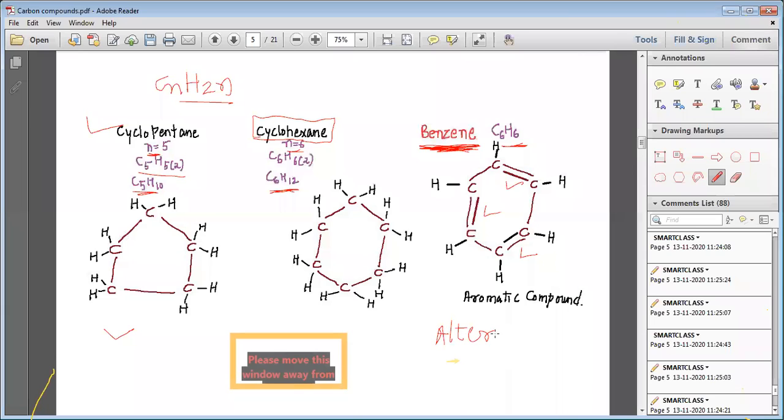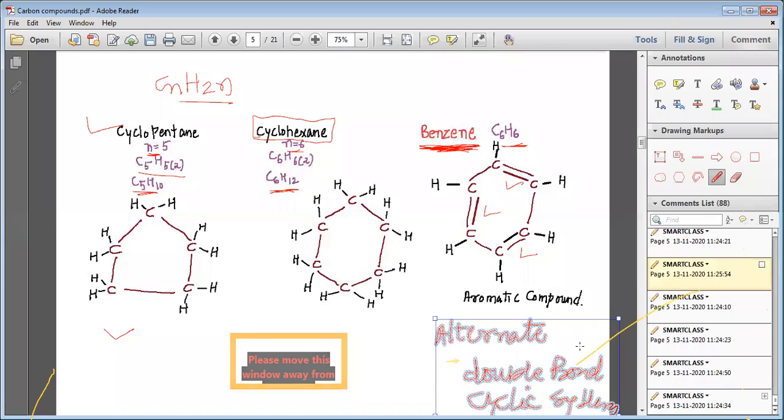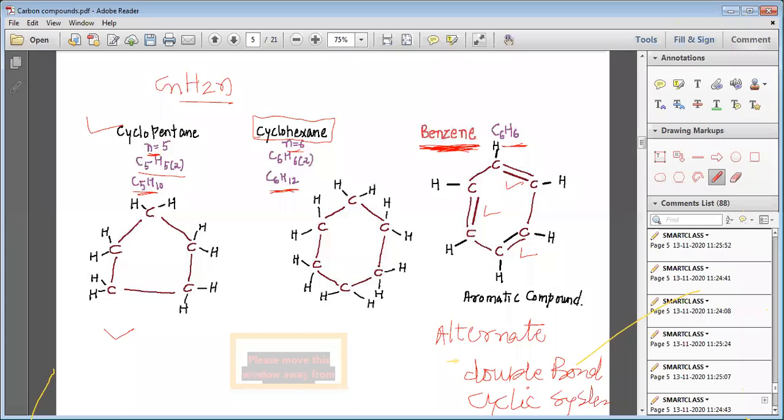And this alternate double bond cyclic system that we can see here is known as benzene.